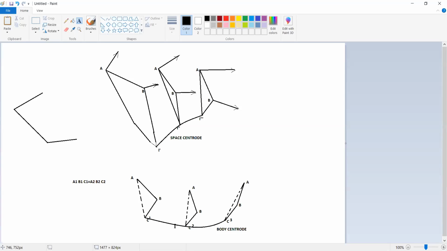If I consider one point here, P, then whatever the effect of the A1, B1, C1 triangle was, it will be equal to AP, BP and CP. If I draw one more triangle here, it will be the same. The effect of the body centroid will be the same.